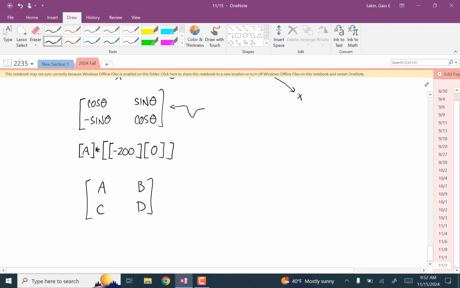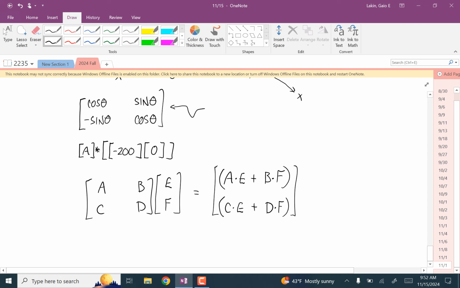Here's how it works. The first element of this is A times E plus B times F. And the second one is C times E plus D times F. And if you just put it in your calculator using the regular multiplication function, and if they're sizes that are compatible, you can't multiply any two random matrices, but your calculator will do it.